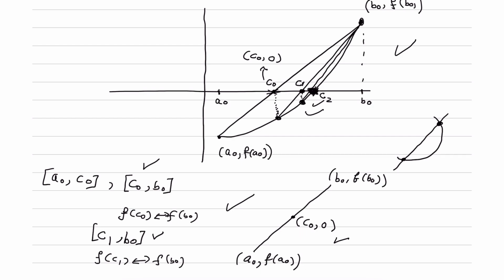In this way, it would be easier for us to say that c1, the next false point, lies in the interval a1, b1. Again, when we had the first false point c0, c0 was in between a0, b0. The next interval in which the root lied was c0, b0.